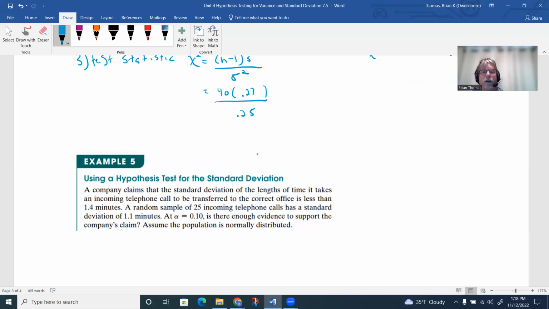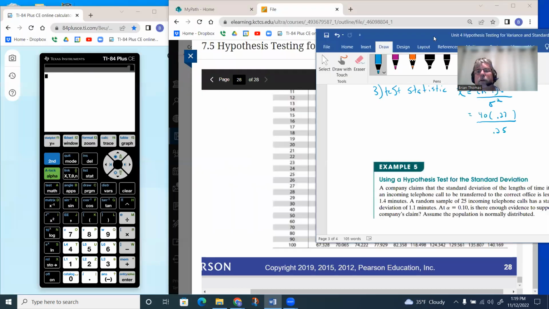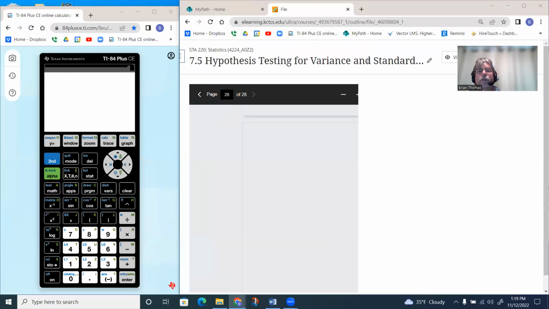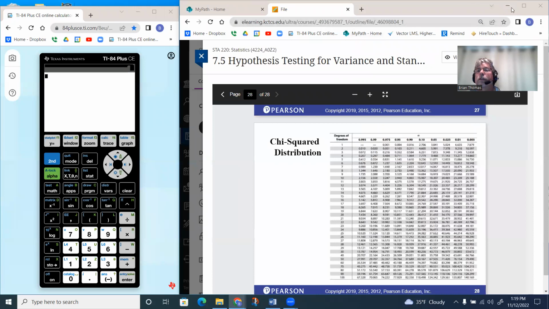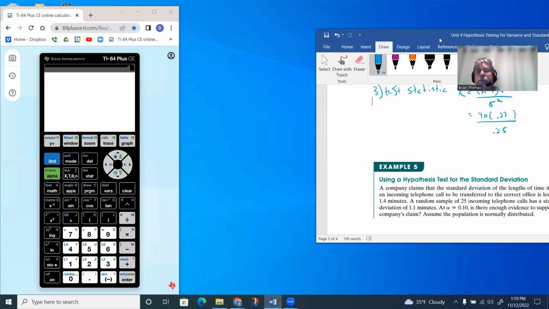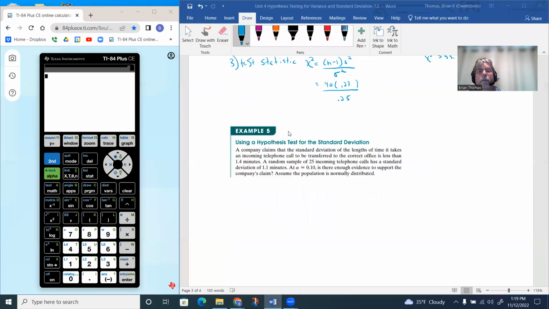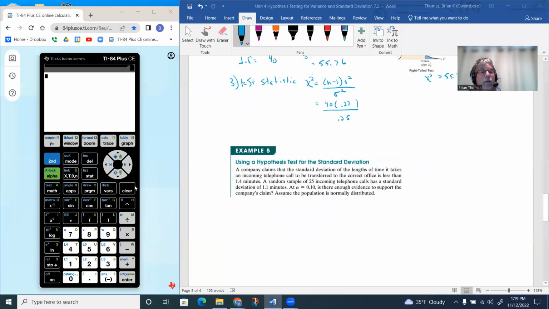If we do that math, that'll give us our test statistic, and we're going to compare that to the critical value. So we're going to multiply.